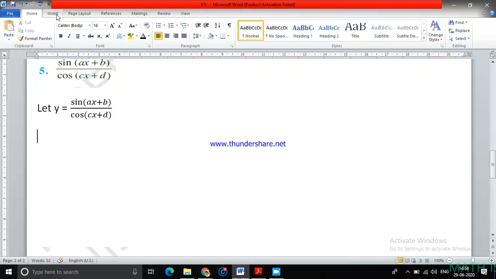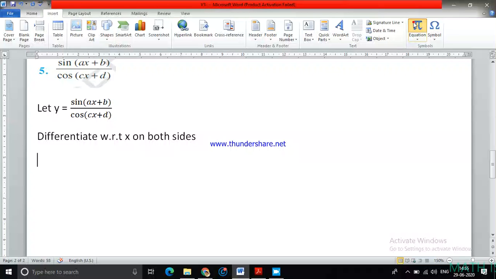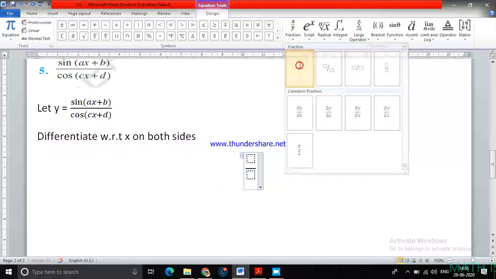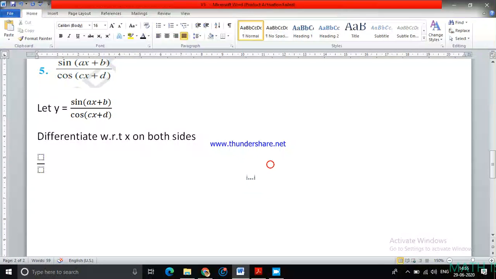Differentiate with respect to x on both sides, then you will get dy by dx. So this is dy upon dx, which we will get on both sides.